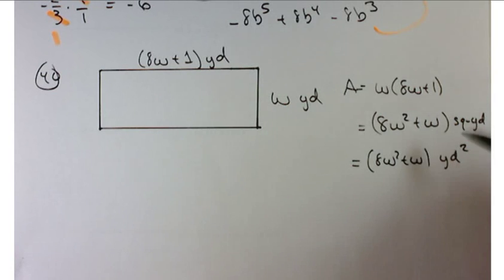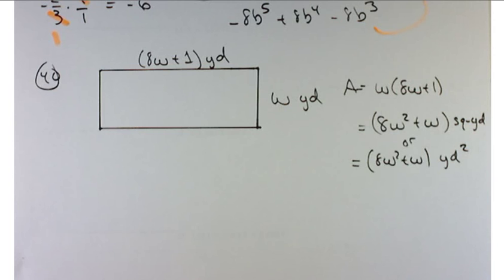Either of them, yeah. You don't have to do both, just do one. So we've multiplied a monomial times a monomial, a monomial times a trinomial, and a monomial times a binomial. Finally, let's get around to multiplying binomials.